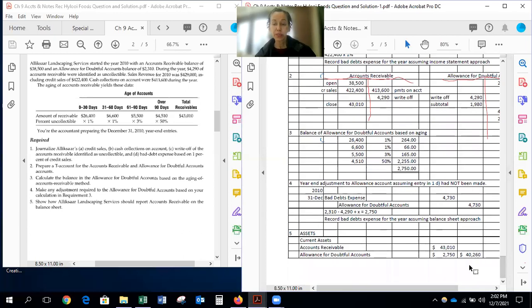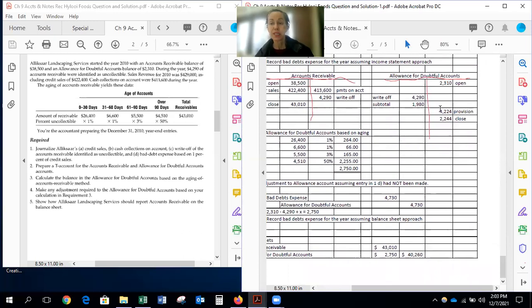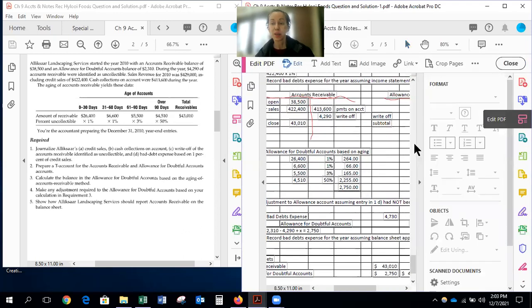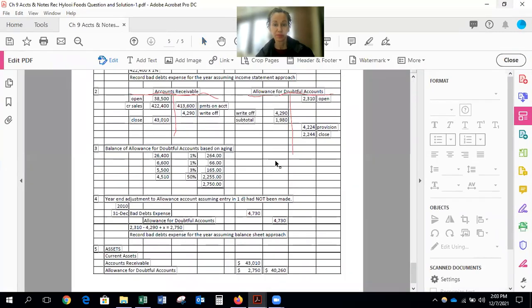Now 4 says, what is our journal entry, assuming the entry in 1D has not been made? So we're going to debit bad debts expense, credit the allowance for doubtful accounts. But in that case we wouldn't have 4224 here.